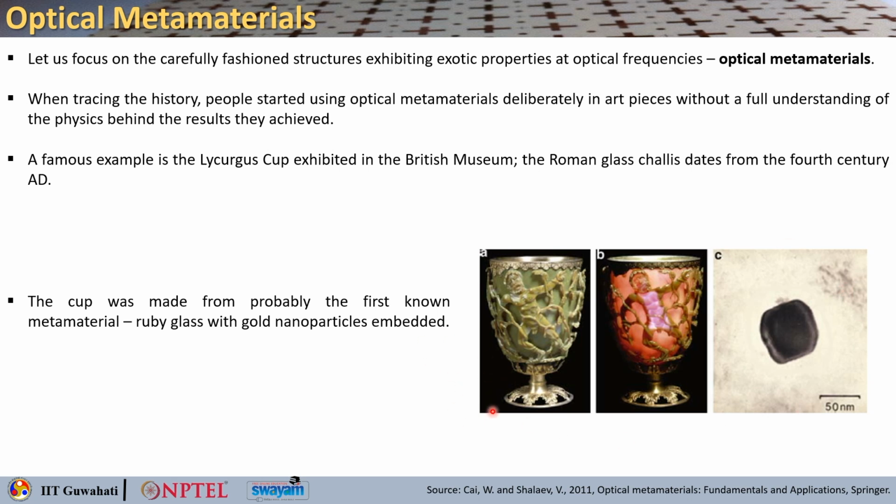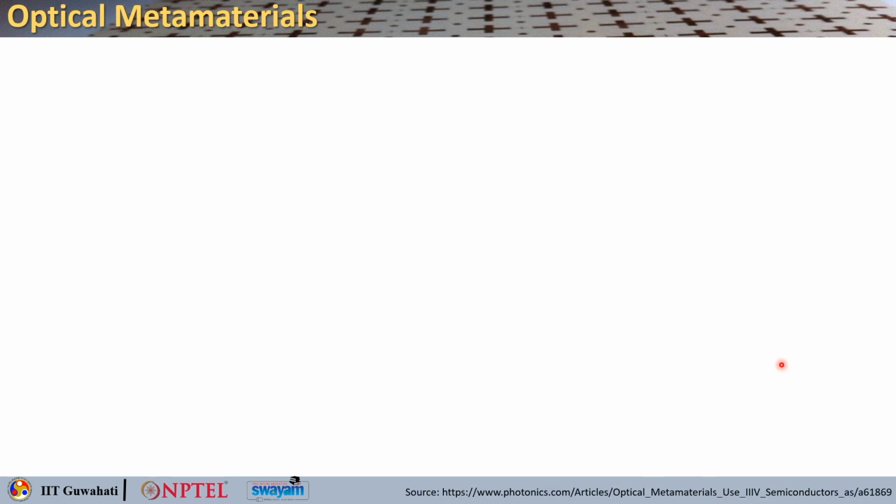When you shine light from outside, the nanoparticles scatter the green light, so the cup appears green. But if the light source is inside, the nanoparticles absorb the blue-green light, and what comes out to you is red light, so the cup appears red. The same cup looks different because of the nanoparticles embedded in the glass.